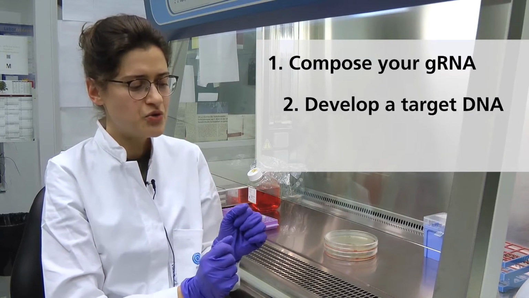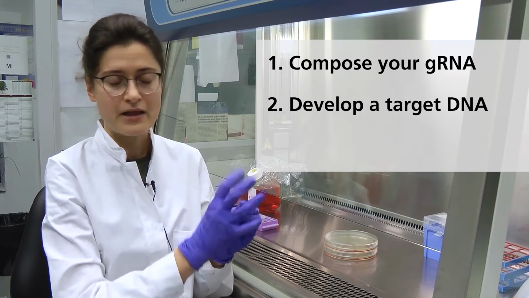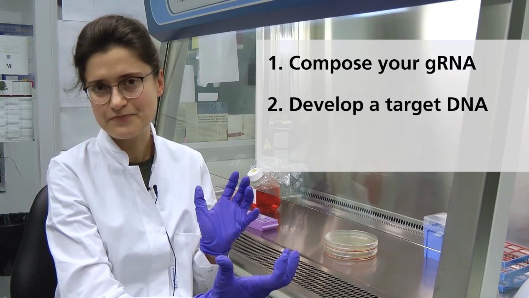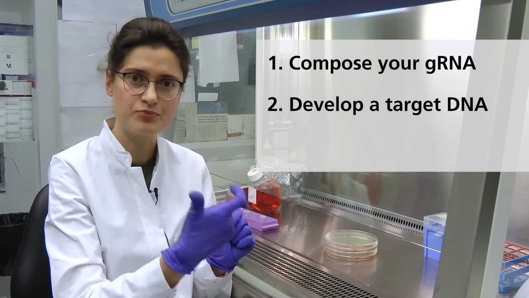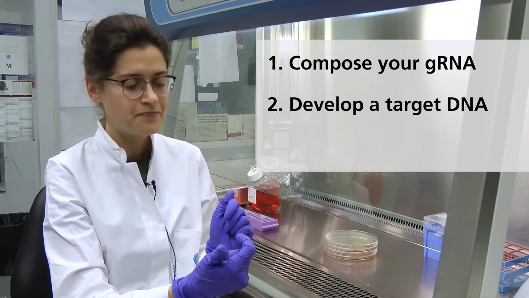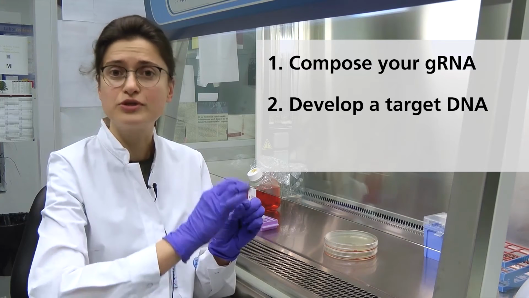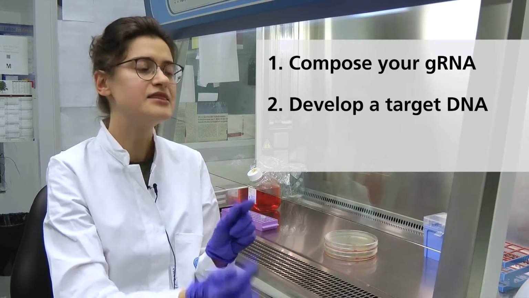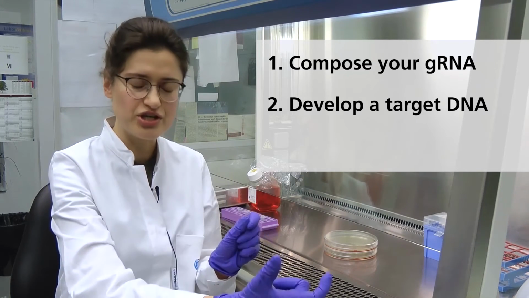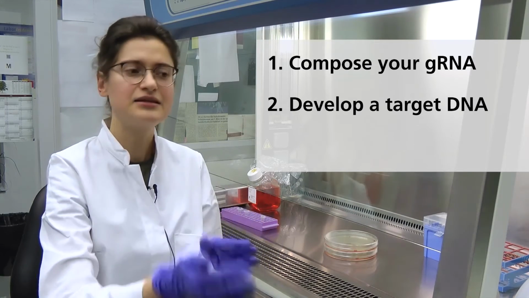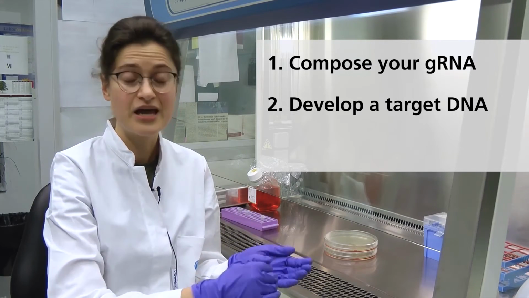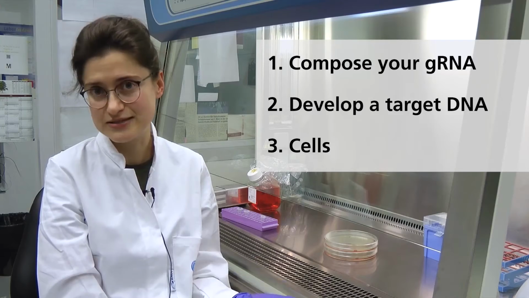Second thing, you have to develop a target DNA. So basically what you want to insert. In our case, that's a fluorescent protein, Ameniagreen. And you have to develop a plasmid which will encode this gene. And then you can, using the gRNA, put it together, using Cas9, make a cut, and it will get integrated in the genome. And the third component, your cells.